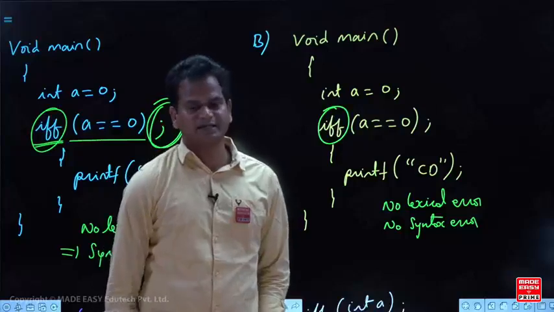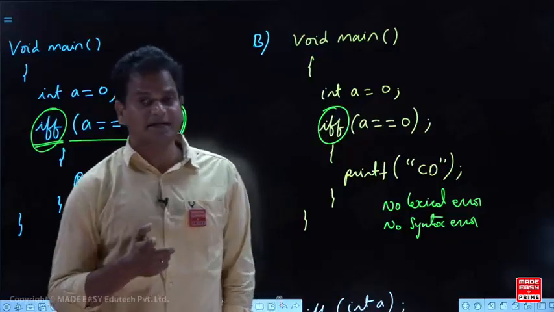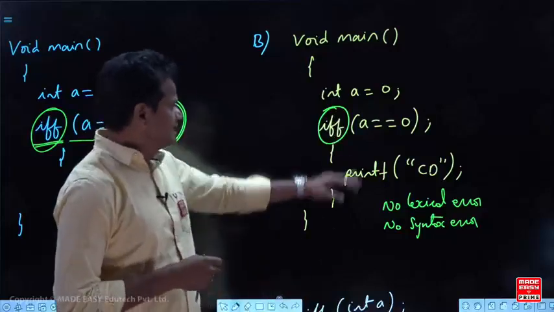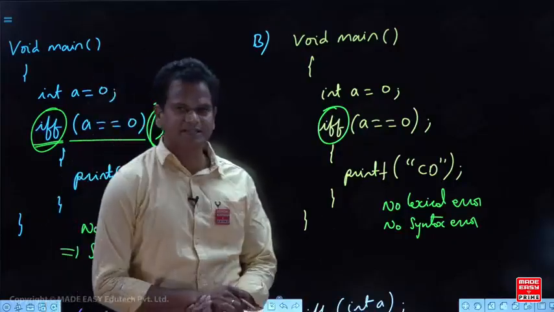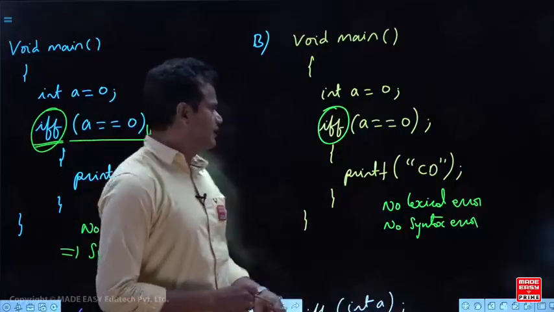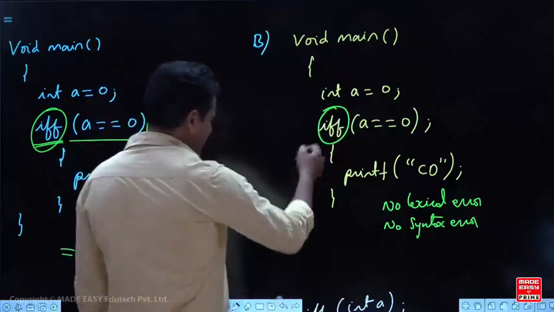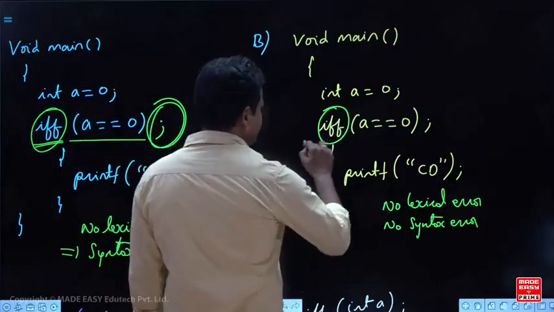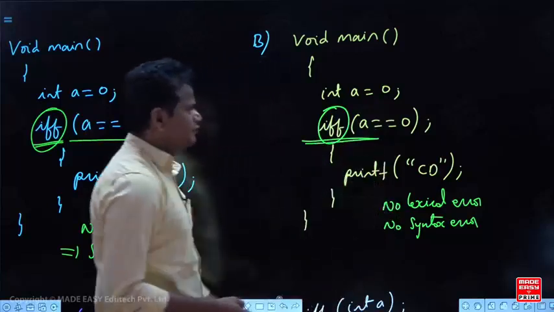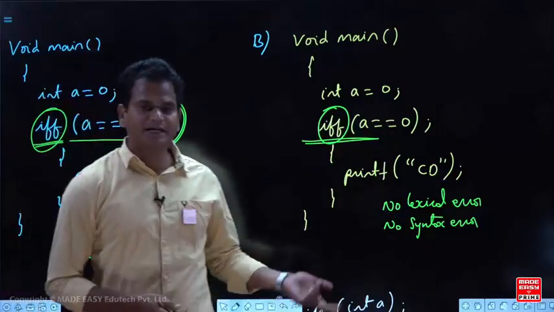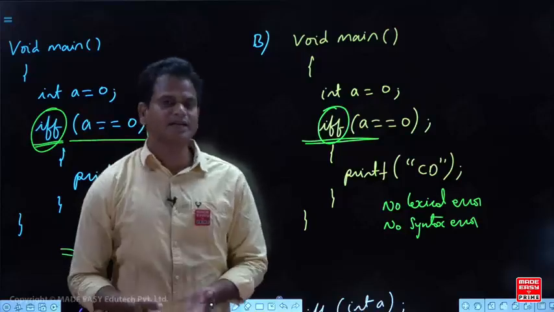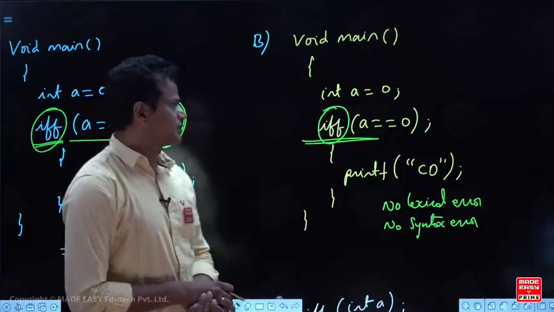The function will pass through the semantic analyzer. See, it completely depends on the language. If you run the same code, I think C++ won't give you an error, but the C language will. Whenever you are calling a function, it must be either defined before calling, or at least declared.